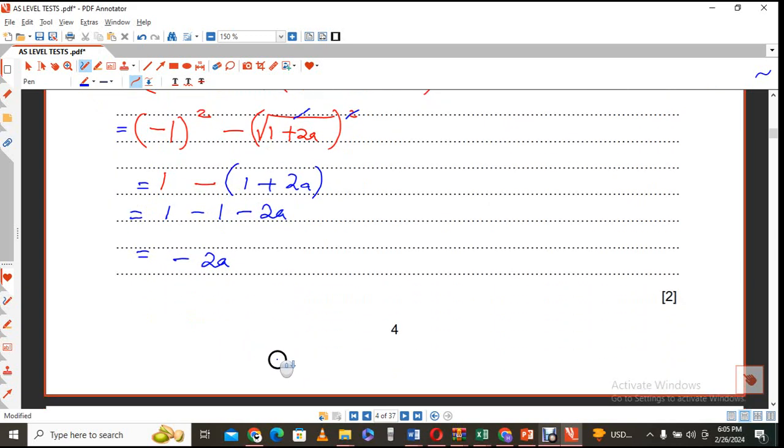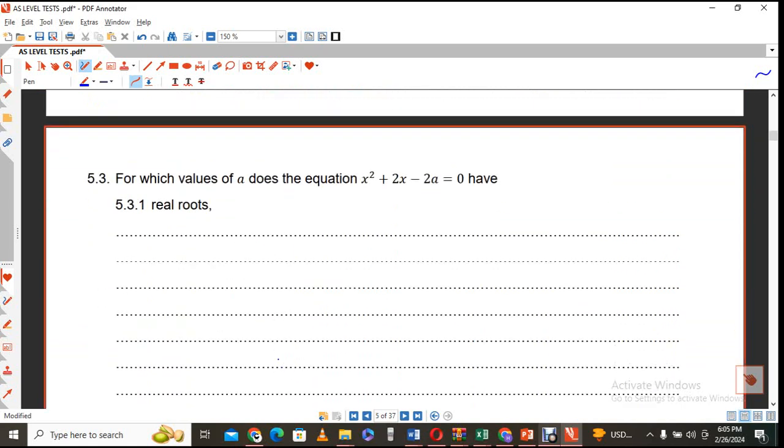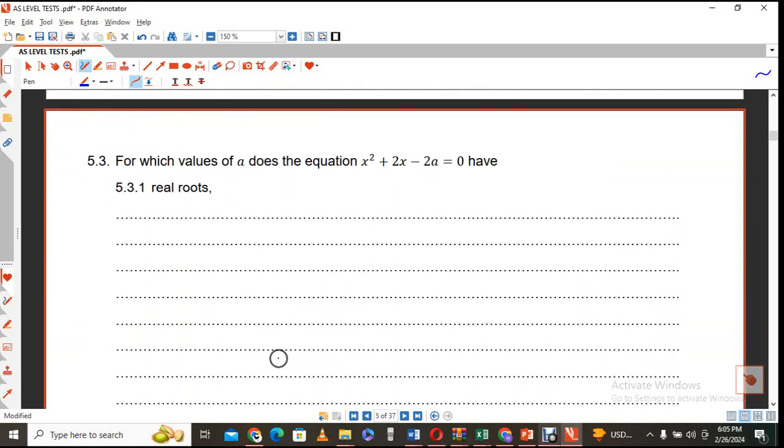Now they are saying for 5.3.1, for which values of a does the equation x squared plus 2x minus 2a have real roots? Again, when the roots are real, the discriminant should be greater than or equal to 0.